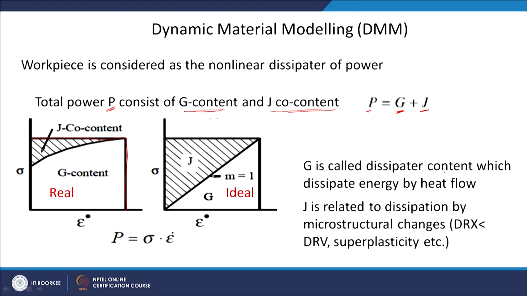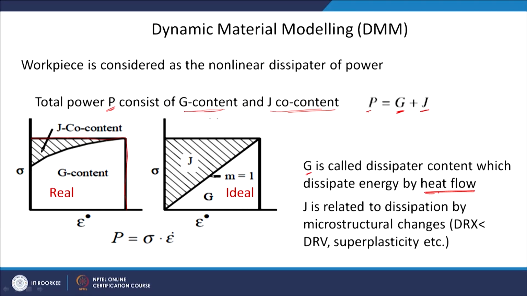G is called the dissipator content, which dissipates energy by heat flow. As we have already discussed, when you are putting power in, the workpiece acts as a dissipator of power, and dissipation is through two means, one is microstructural change and the other is heat. So, G takes care of the heat flow, or heat generation, and J is related to dissipation by microstructural changes.